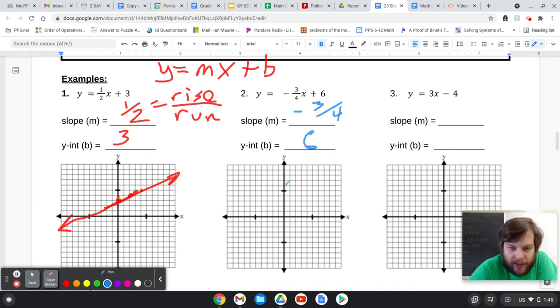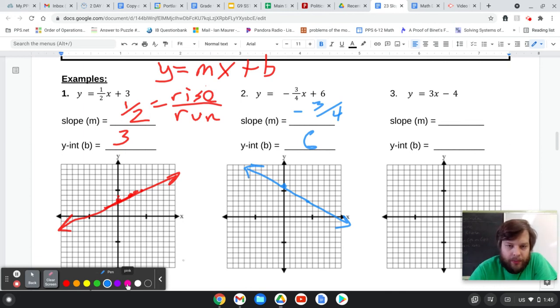I put a dot at 6. I go down 1, 2, 3. I go over 1, 2, 3, 4. I put another dot, and I connect those 2 dots. If I wanted to generate a third point, I could. It's really optional. 2 points makes a line.